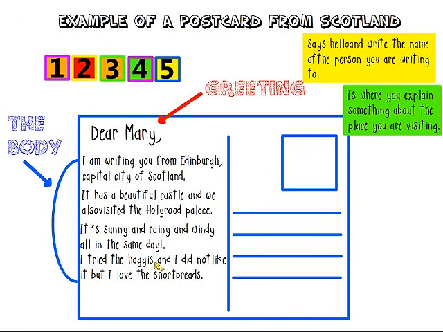The haggis is a very famous dish, and he or she didn't like it, and also loved the shortbread, like a biscuit made of butter. Good. So this is the body of the postcard, where you explain things about the place you're visiting, and it is the bigger part of the postcard.